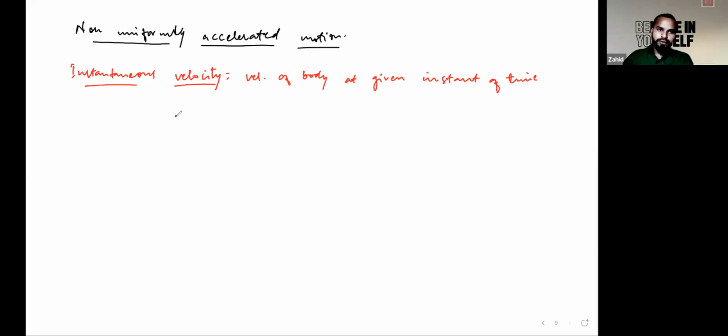Velocity is nothing but change in displacement by time taken, so it will be delta x over delta t.